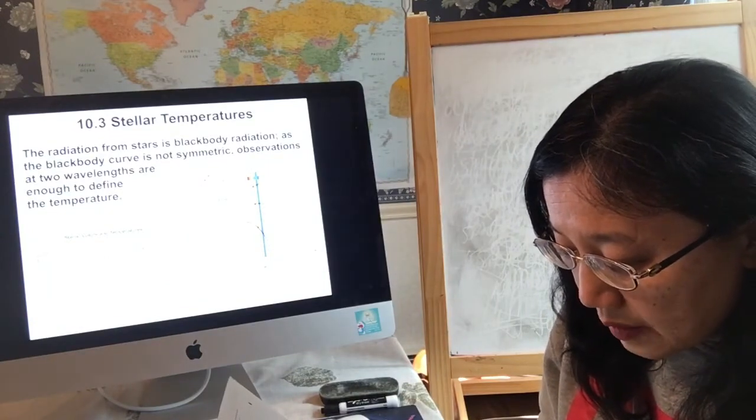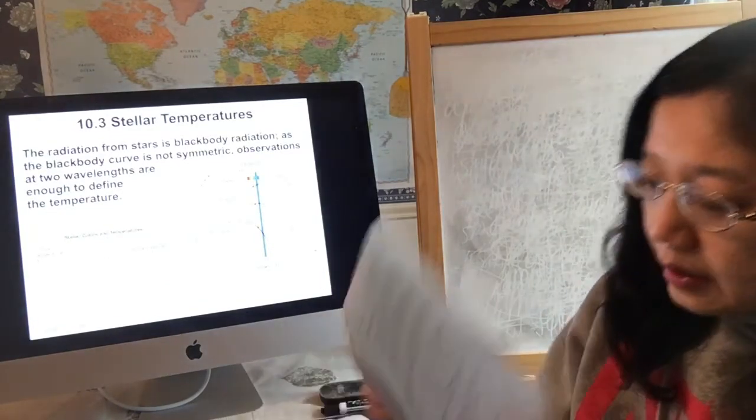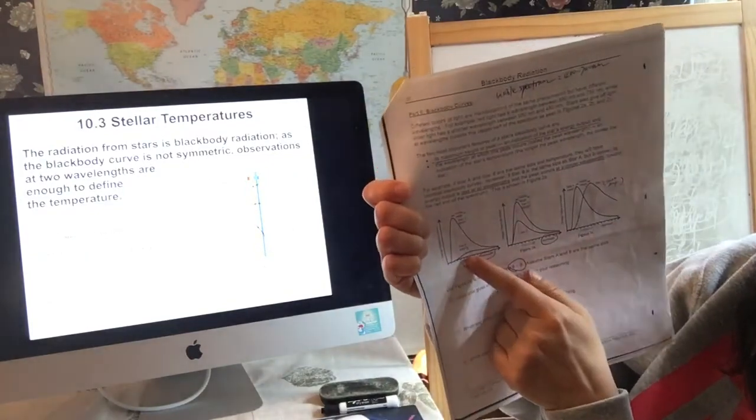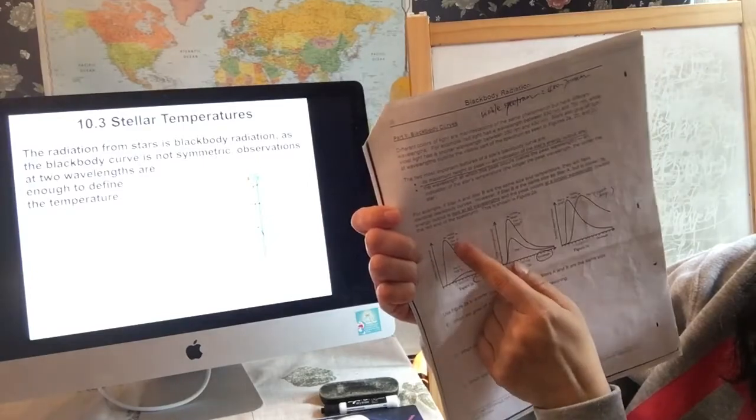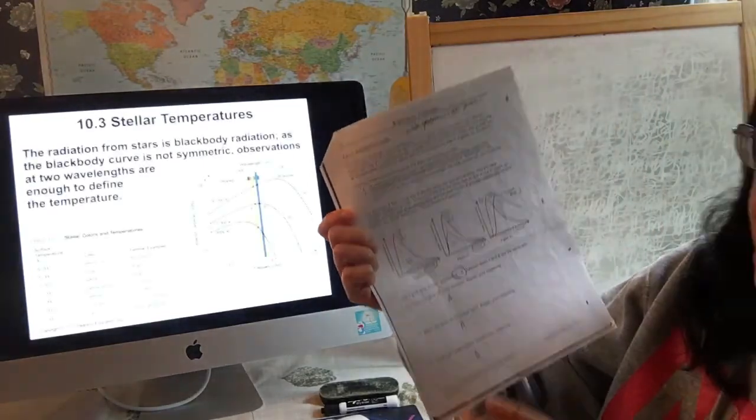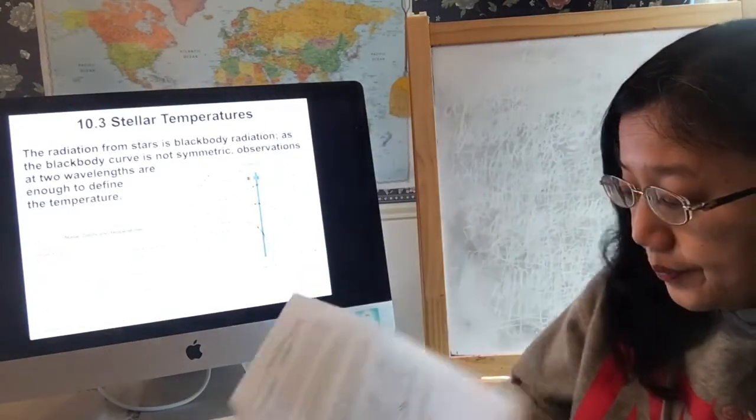Number 7, which star gives off more blue light? Now you're looking at the blue light here, and you're looking at how high each curve is. A is much higher than B, so that means A gives off more blue light.